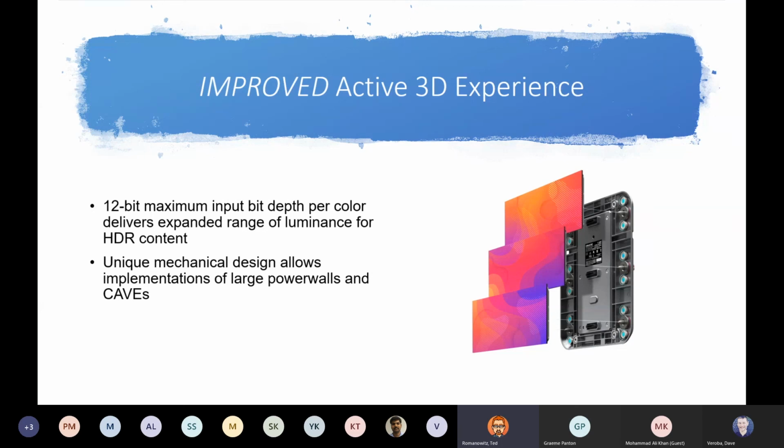So we're actually having a lot of customers talk to us about redoing their power walls and doing a concave curve, or even redoing their caves, doing 180 degree wrap, and then also putting a ceiling over the top of it. So you're really immersed in the content. And again, with the unique design of MicroTiles LED, that is entirely possible. Let's go to the next slide.